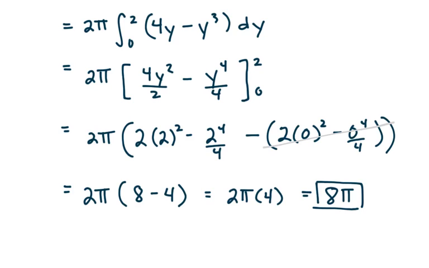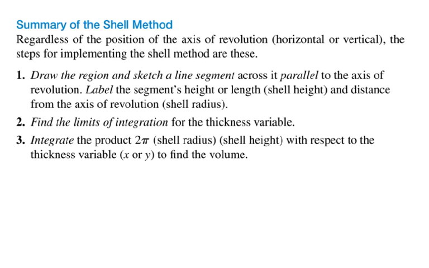So I'd like to summarize our shell method for us. And here we have our summary. Regardless of the position of the axis of revolution, whether it's horizontal or vertical, the steps that we implement are always going to be the same. We draw our region and sketch a line segment across it parallel to the axis of revolution.